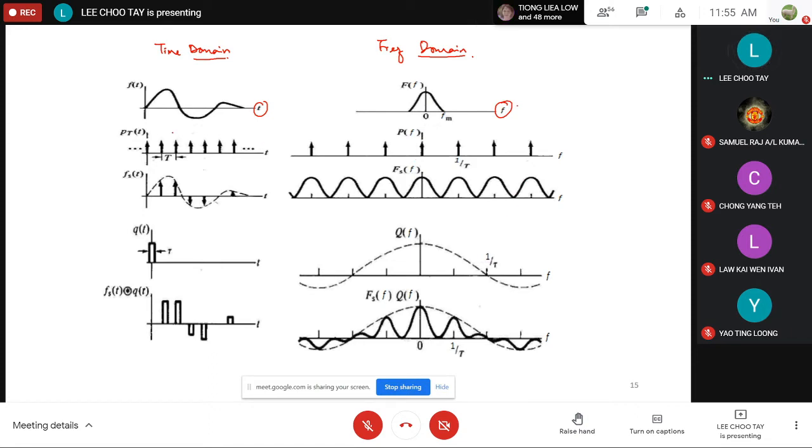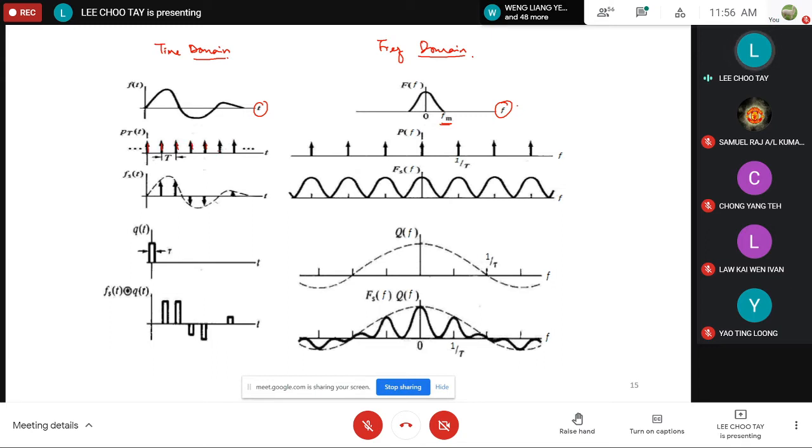This is a time domain representation of the signal that we are going to sample, and the signal has a spectrum like this with the highest frequency at fM. And then the sampled pulses, sample pulses in time domain, are our impulses.